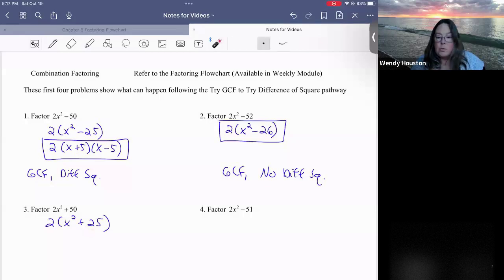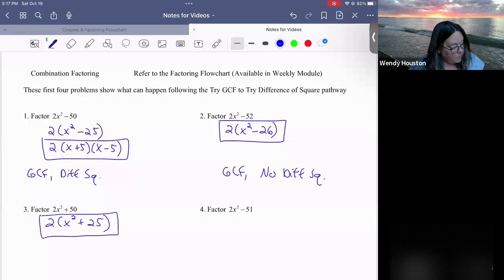Now we have two terms, so we're trying difference of squares, but that's a plus, so it's not a difference of squares. That's as far as we can take it. There's no sum of squares. There's nothing further we can do if that's a plus. So that gives me GCF, no difference of squares.